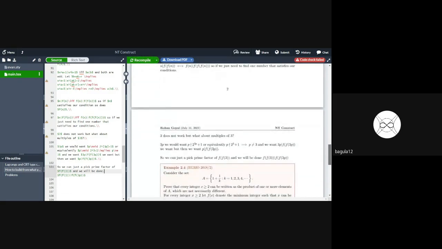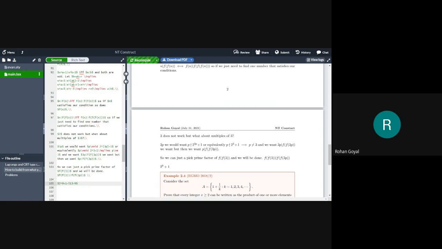Yes, makes sense. Now if you actually want to find a number, f of 3 is 2 to the 9 plus 1, which is 513, equal to 27 times 19, so we get 19.